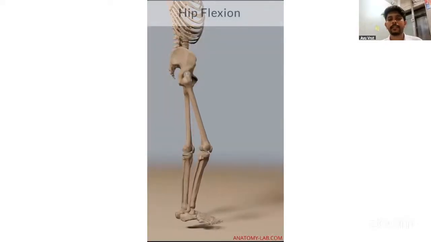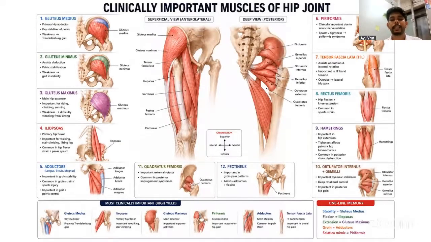So this was some clinical examination to assess hip joint or hip movements. This is the normal physiology. If there is any issues in the muscles, the nerves, the ligaments, the articular ligaments, there will be some or another hip pathology.